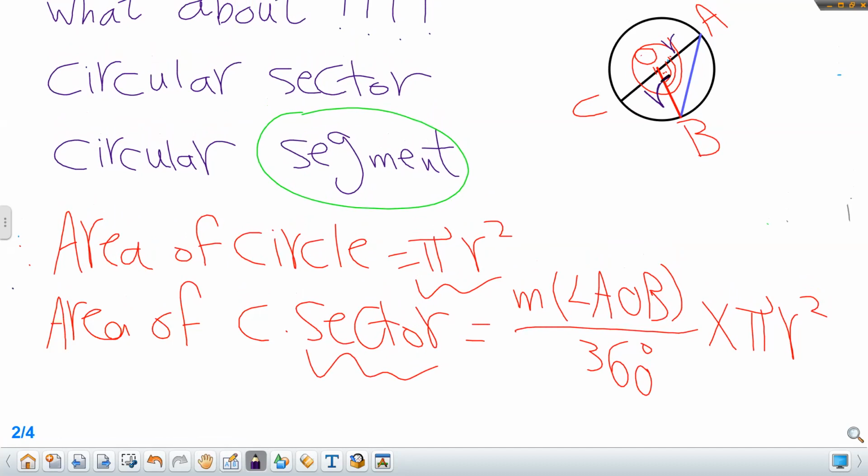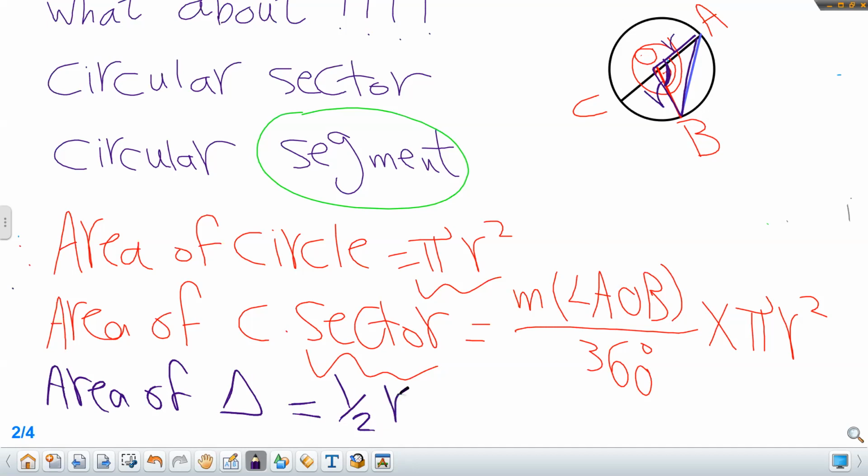So in this triangle AOB, we can say the area of this triangle equals half times r times r times sine AOB. Again, the area of the triangle equals half times r times r, which means r squared, times what?